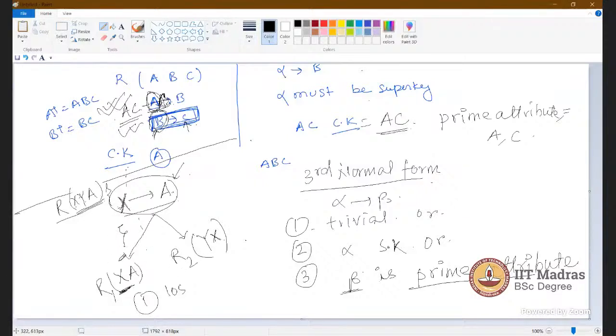Here we can see this particular one is lossless. BCNF decomposition guarantees the lossless decomposition, but it may or may not guarantee the preservation of the functional dependencies, right?